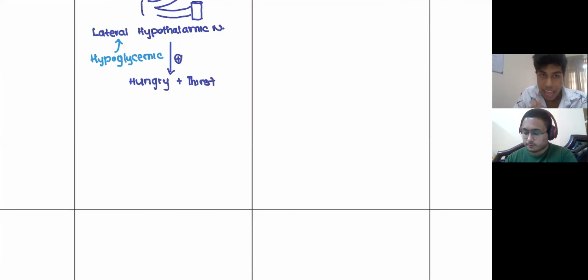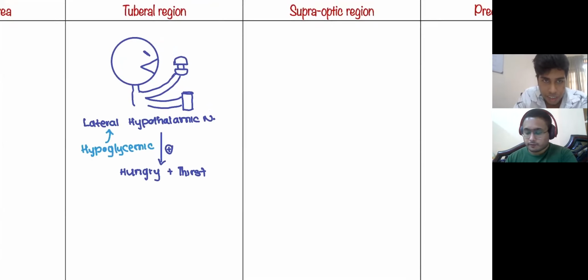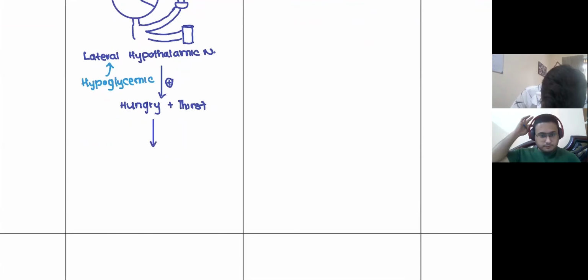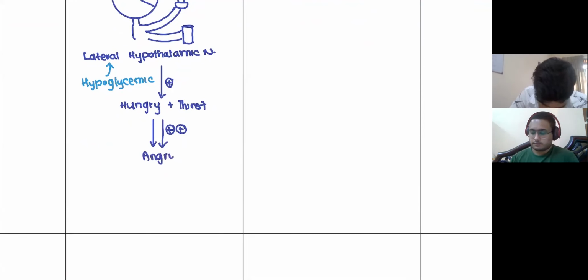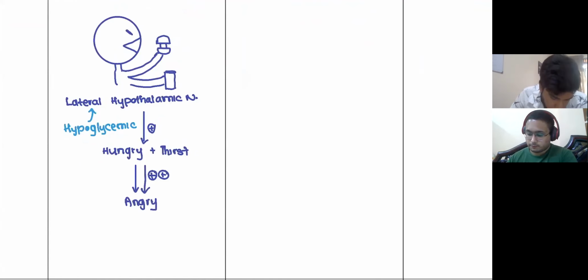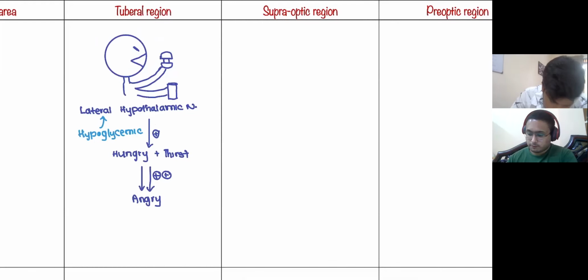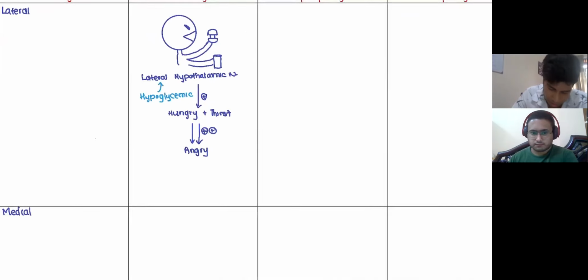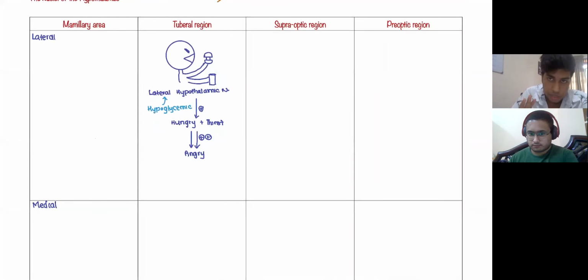The body is waiting for food and it doesn't get the food. Hypoglycemia will then overstimulate this nucleus, causing the person to be angry. Make sure you draw an angry man here. That is the only nucleus you need to know in the tuberal region.